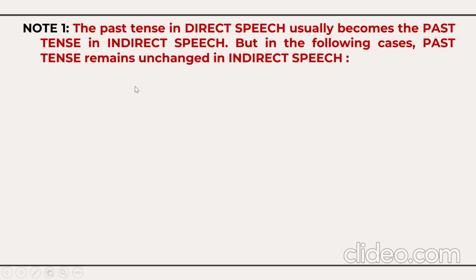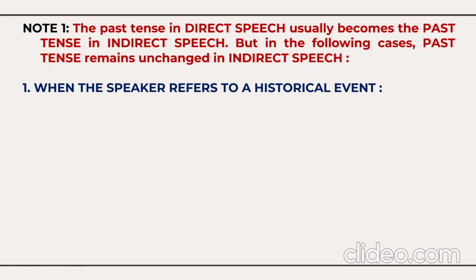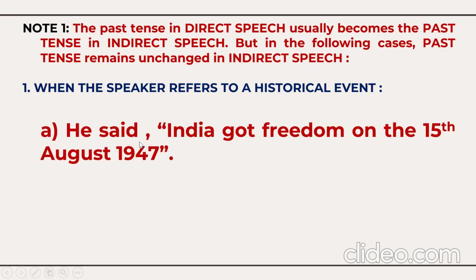We will not change the tense of the past tense in the indirect speech. How? Let's see the example. When the speaker is referring to a historical event, for example, she said, India got freedom on the 15th August 1947. Got means past tense, simple past, right?